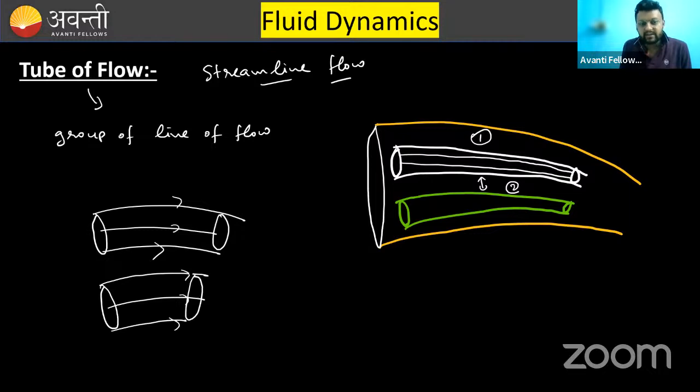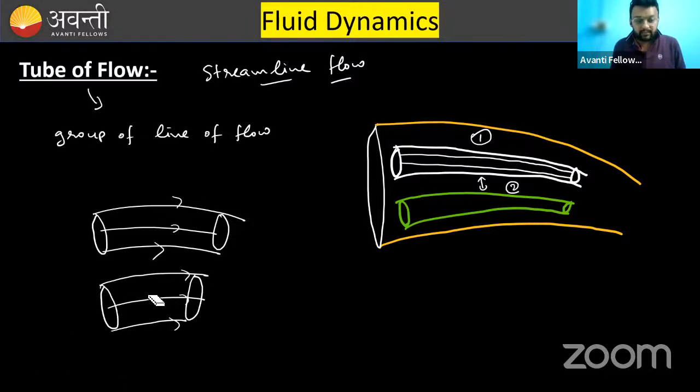You can draw as many tubes as you want. The main thing is that these two lines can never intersect. That means in a tube, liquid can neither leave the tube nor enter the tube. That means the mass of the liquid remains conserved.